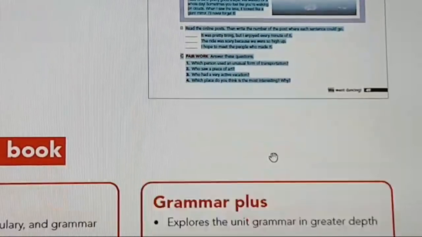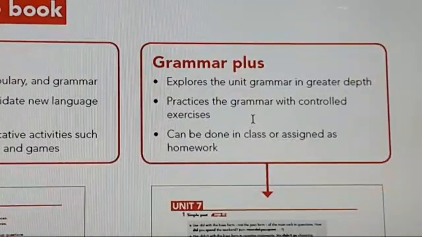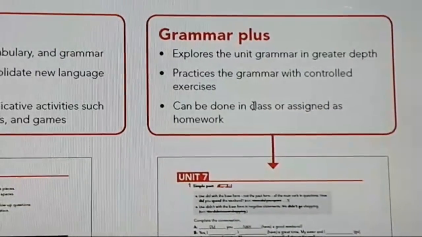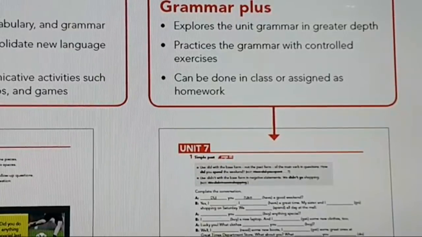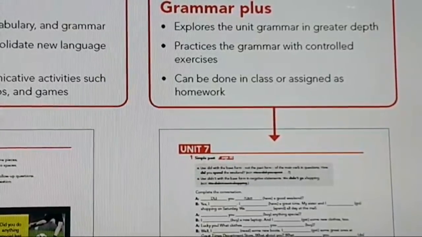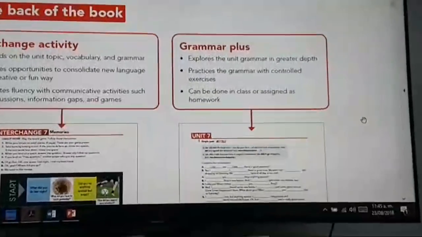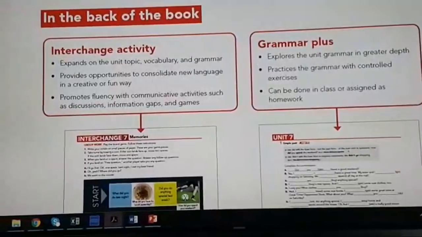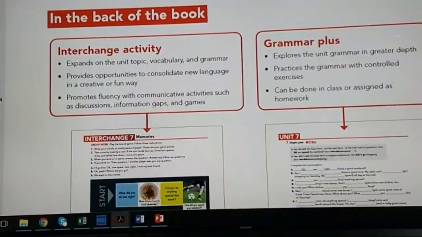Okay. Now, what happens in the back of the book? Well, in the back of the book, there's a handful of resources for you to develop students' abilities. As you know, not all of your students are at the same level. In an ideal world, all our students in the same class have the same level of understanding, the same level of linguistic competency.